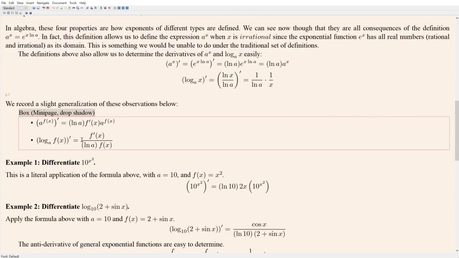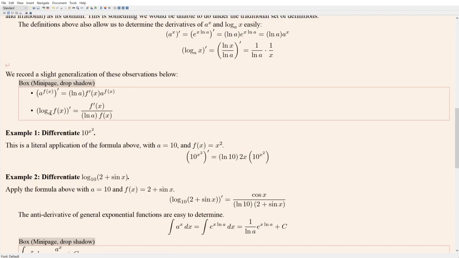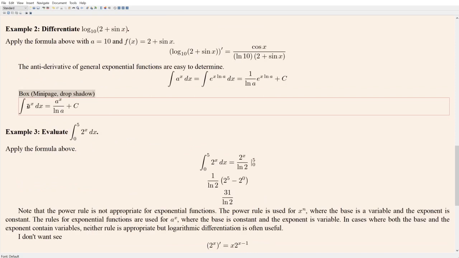I mean, the main takeaways, of course, are these formulas. So this allows you to differentiate any exponential expression with a generic base. This allows you to differentiate any logarithmic function with a generic base. Here's the antiderivative for exponential functions. It's easy. Don't change anything, just divide by log a.